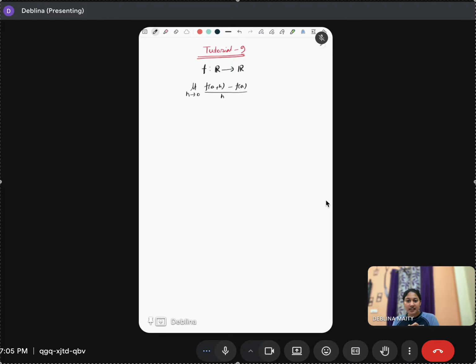If this limit exists, then we say that f is differentiable at the point a, and it is denoted by f dash a. Then f is differentiable at x equals a and f dash a equals this number.